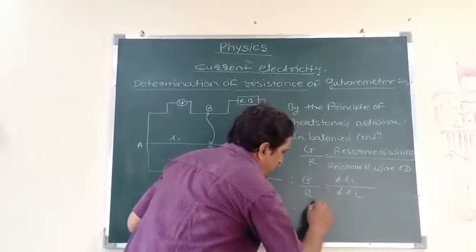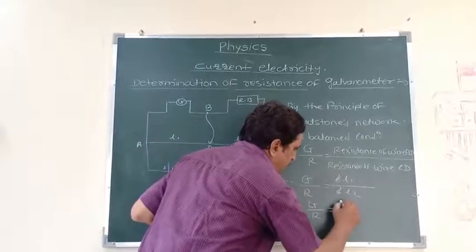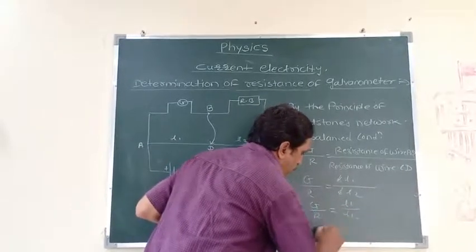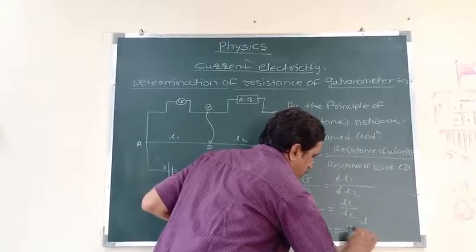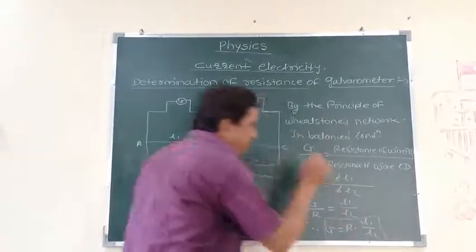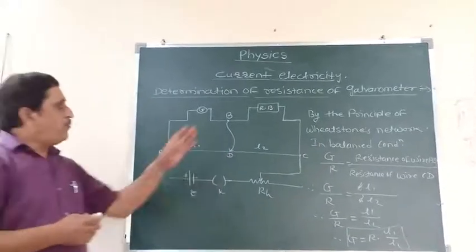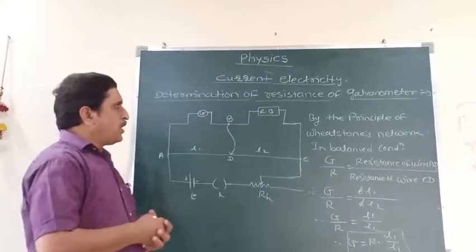Therefore, capital G divided by R is equal to L1 by L2, and finally capital G is equal to R into L1 by L2. With the help of this equation, we can determine the value of resistance of the galvanometer.